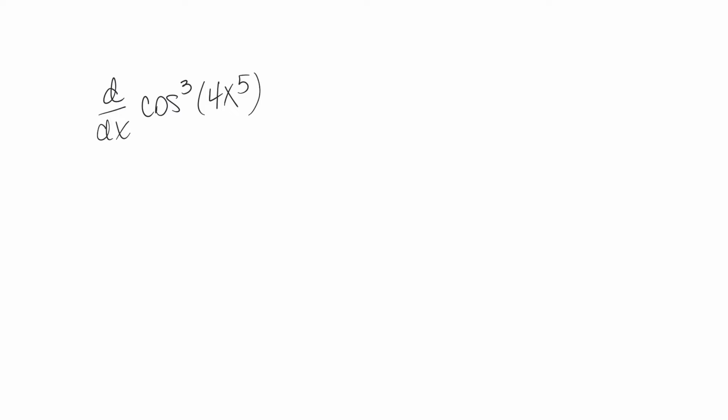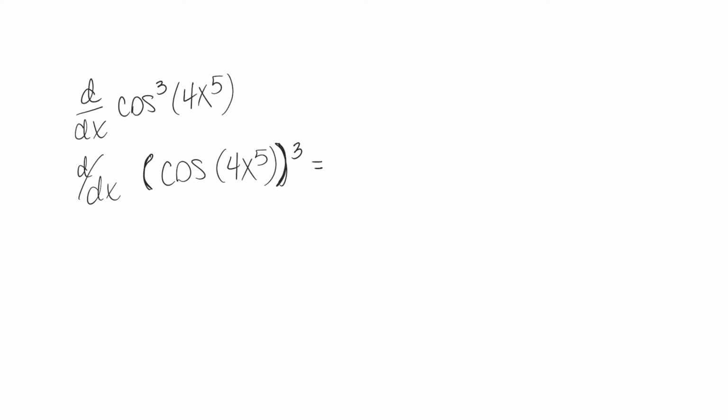Again, rewrite: I'm going to start this whole thing in brackets, cosine of 4x to the 5th, all of that cubed. I'm going to try and do this one without colors, see if we can up our game a bit.